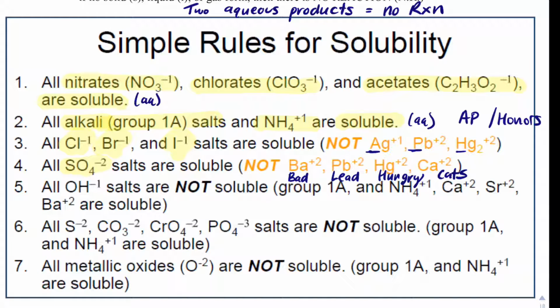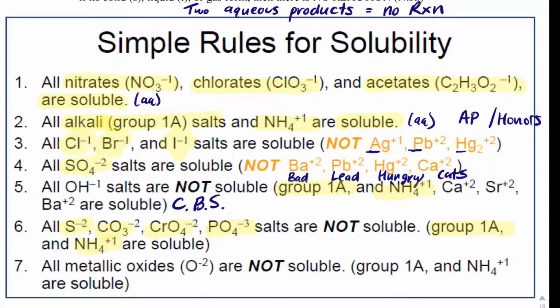And so if I look at hydroxides, they are very not soluble, except if they're with an alkali or an ammonium. There are 3 exceptions, and I remember those: calcium, barium, strontium, CBS, just like the TV station. And then sulfides, carbonates, chromates, phosphates are not soluble unless they're with an alkali or an ammonium.